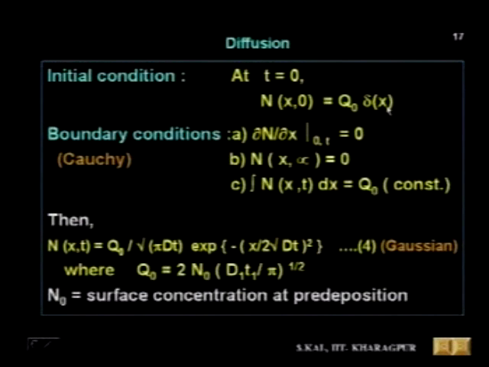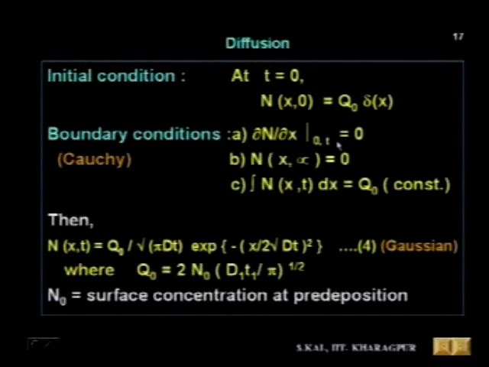Now here the initial condition is, at t equal to 0, N(x,0) equal to Q0 delta(x). That means here at the beginning, unlike the earlier case, the dopant atom is not 0. So at t equal to 0, N(x,0) equal to Q0 delta(x), and the boundary conditions are del N del x at (0,t) equal to 0.